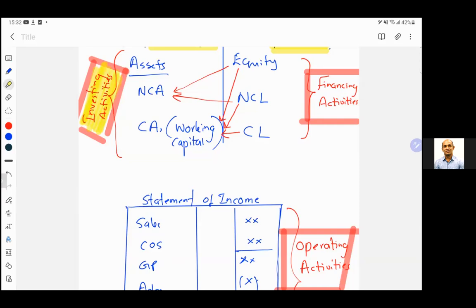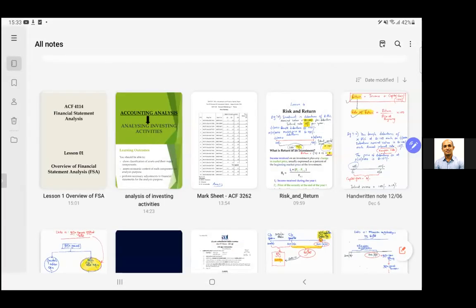When you analyze investing activities, we are focusing on current assets and non-current assets. After that, we'll analyze companies' financing activities. Thereafter, operating activity. Right. So I have uploaded today's study material.